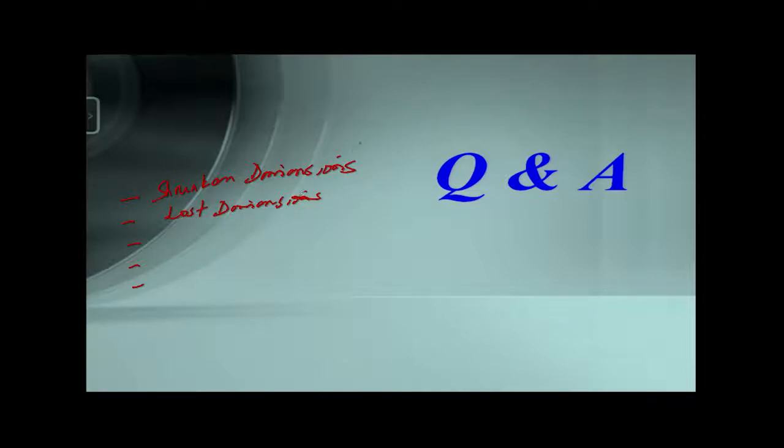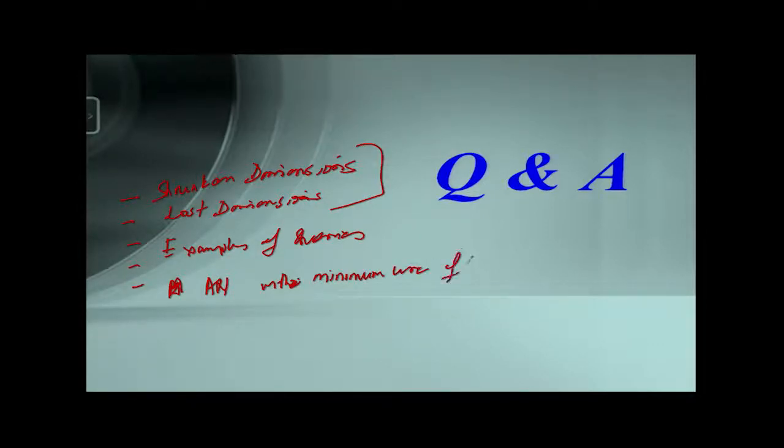So these two things I'm going to discuss in the next class, and plus I may take some examples of queries and show you exactly how these queries are intercepted by the aggregate navigator and made aggregate aware. I'll also be talking about how we can do aggregate navigation without, or with minimum use of, metadata. So that also I'll mention in the next lecture.